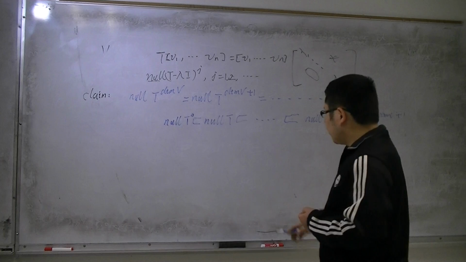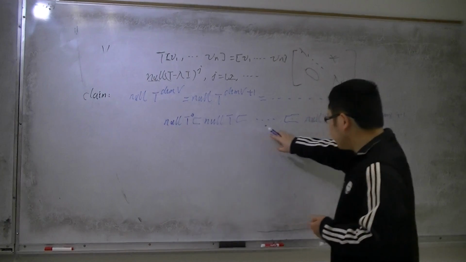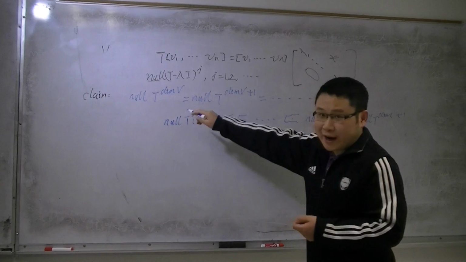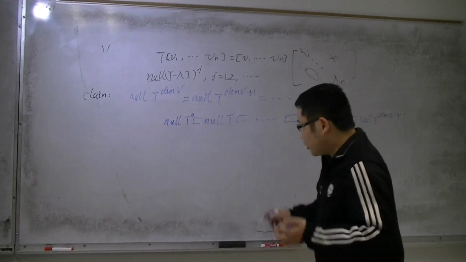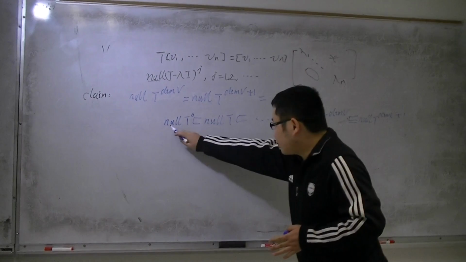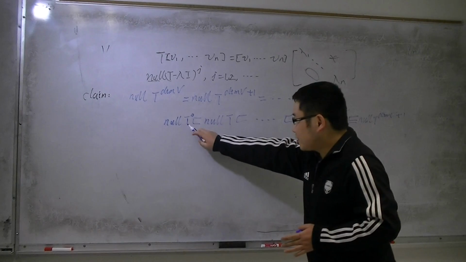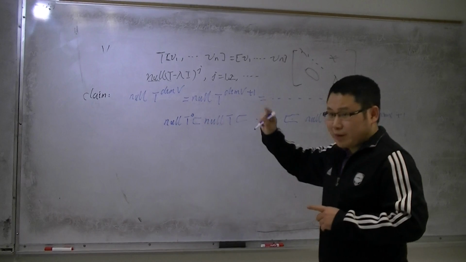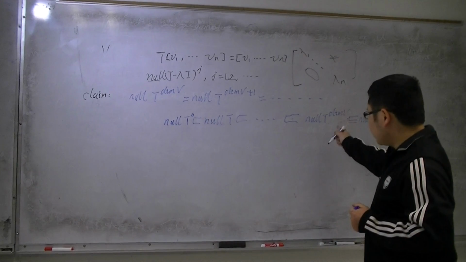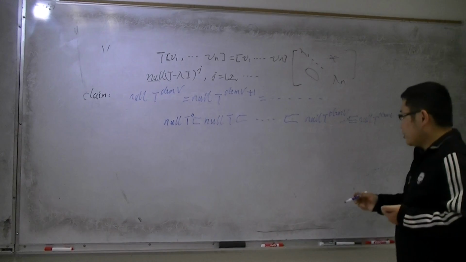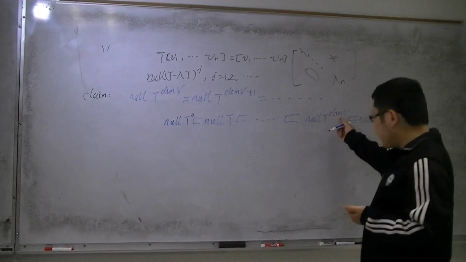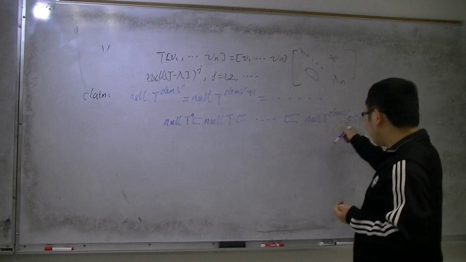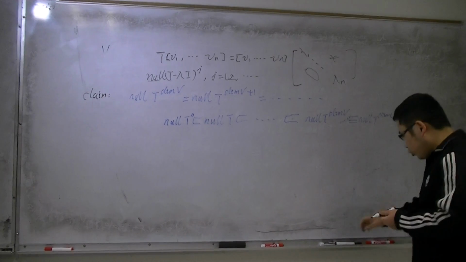If some are equal in the intermediate steps before dimension V, they are all equal, because I have already proved that. If not, then they at least increase by one dimension each time. The whole dimension is dimension V, and the null space can't exceed this dimension. So these two must be equal.